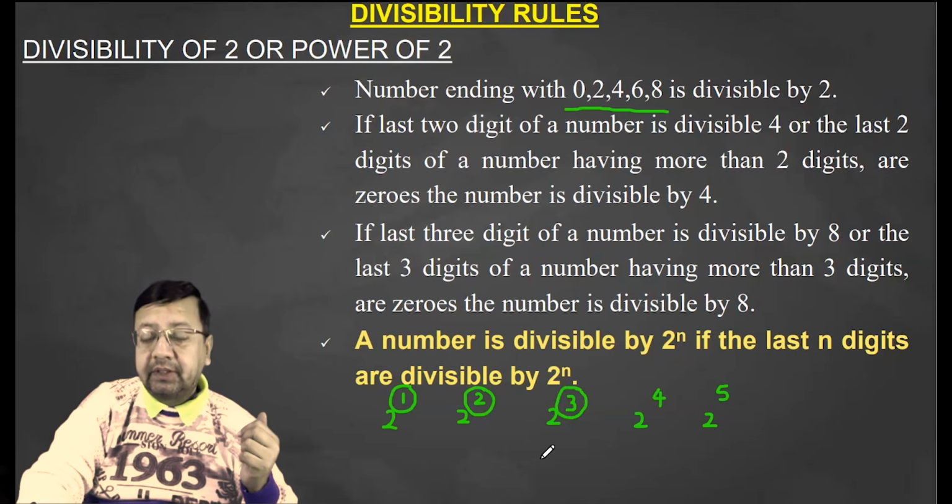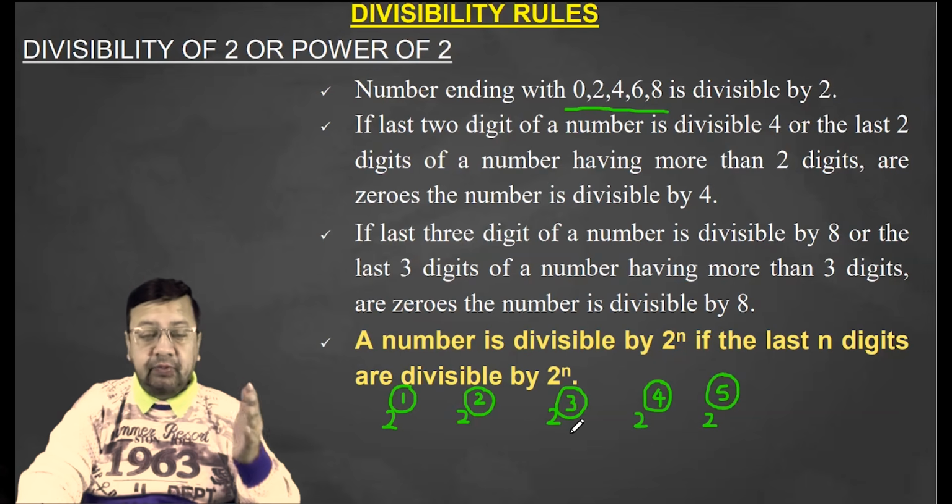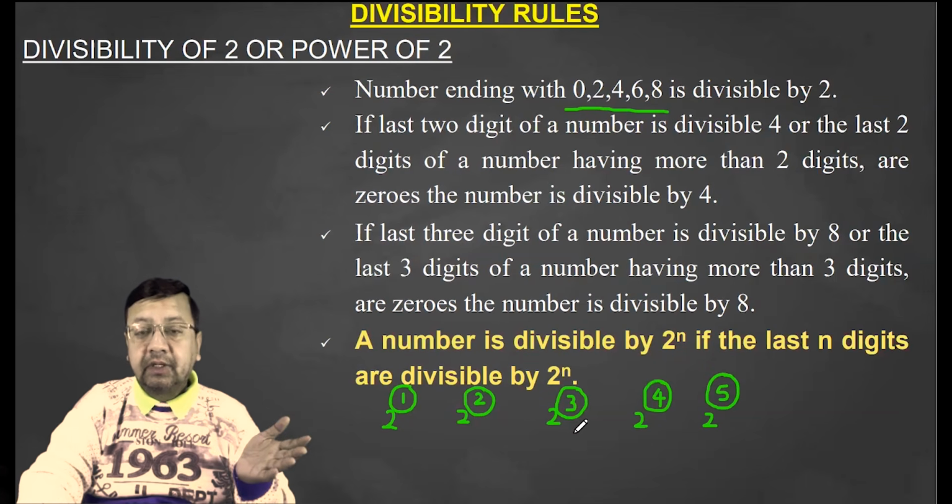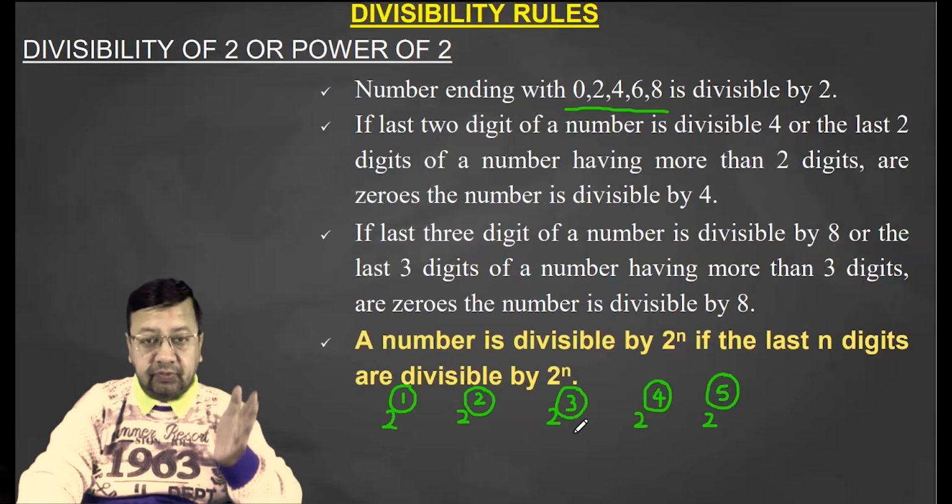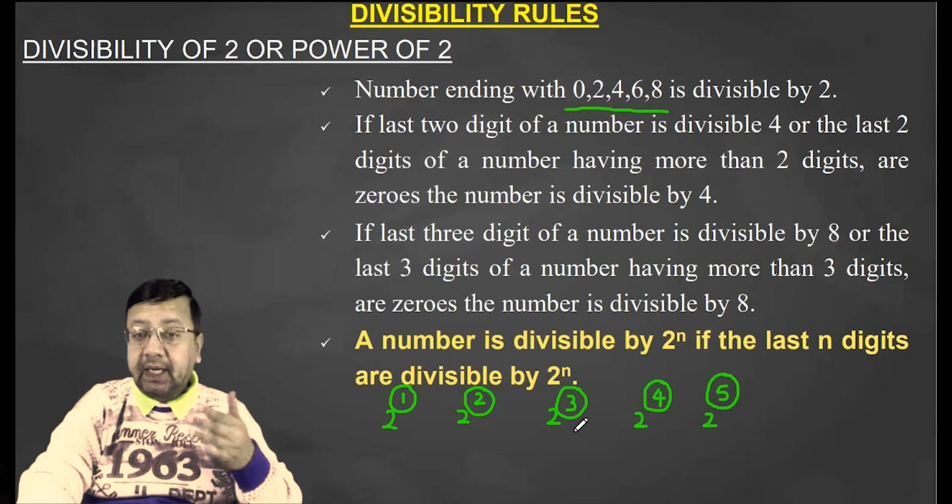So the last 3 digits should be divisible. For 16, the last 4 digits should be divisible. For 32, the last 5 digits should be divisible. And this way we check whether the number is divisible by 2, 4, 8, 16, etc.